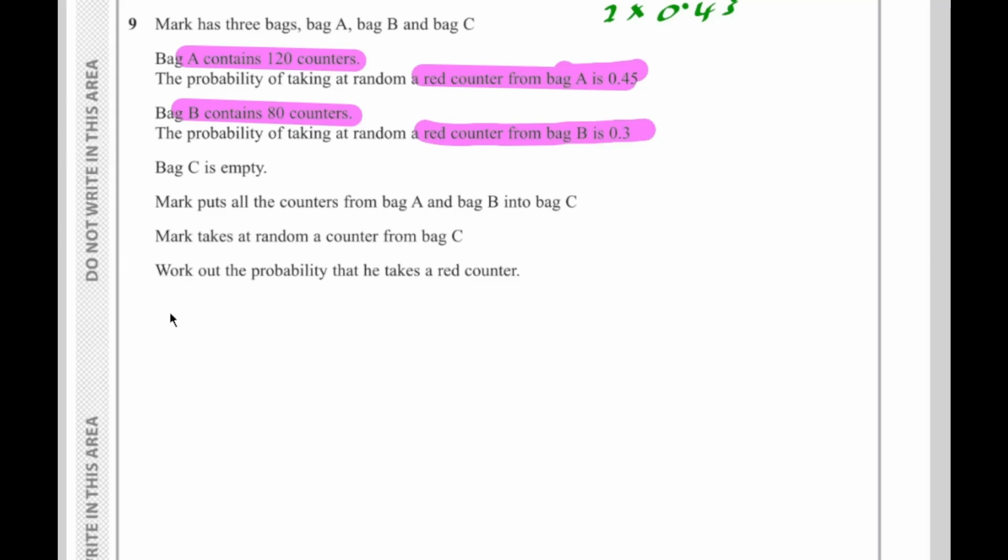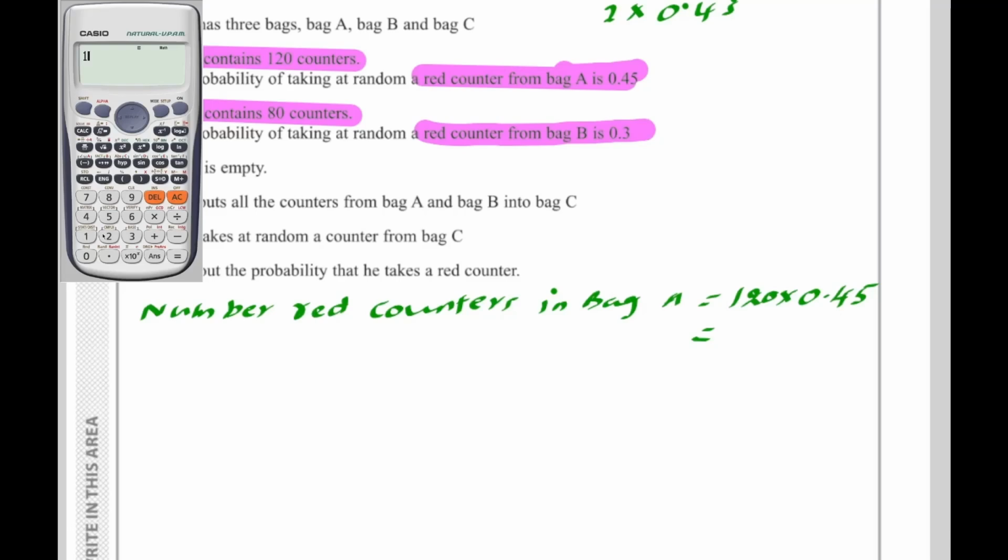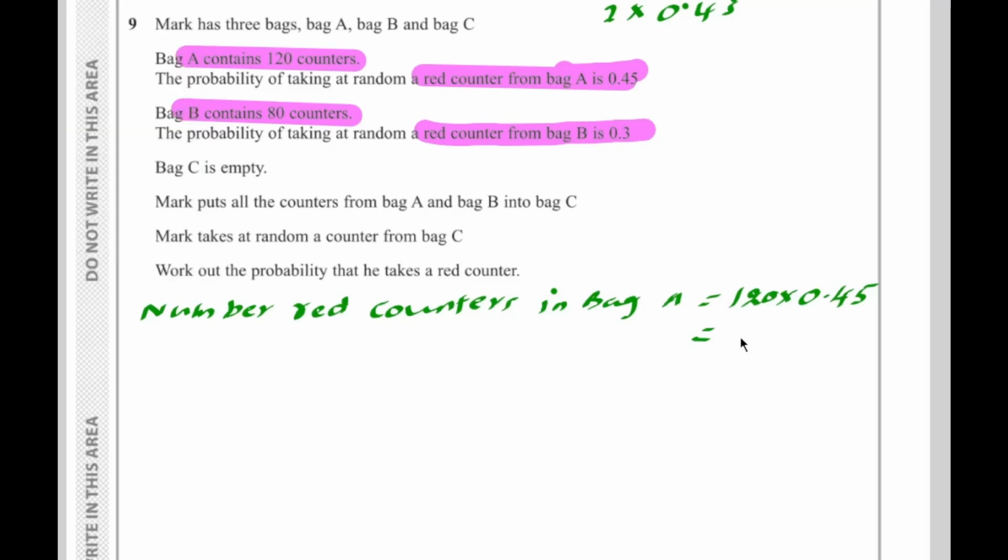So let's write it this way: number of red counters in bag A. We get it as 120 times 0.45 equals 54. So it is 54.